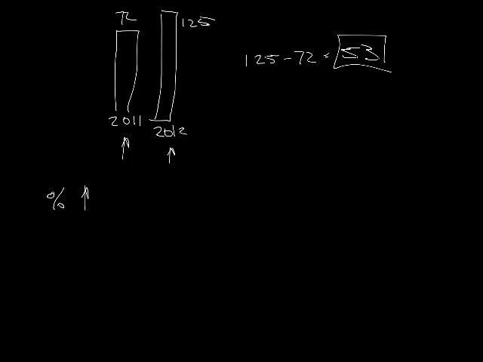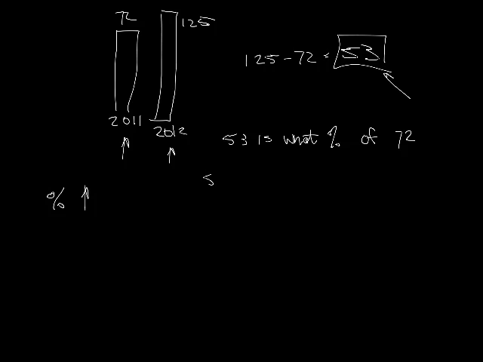So what we have to do is find out what percentage 53 is, because that's our increase, compared to 72. So 53 is what percent of 72. So we started out with 72, we increased by 53, and we need to find out what that percentage of increase was.